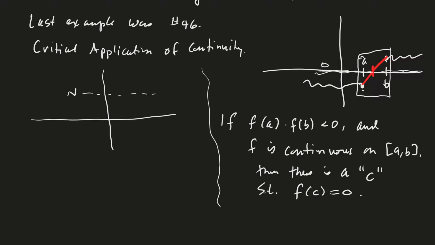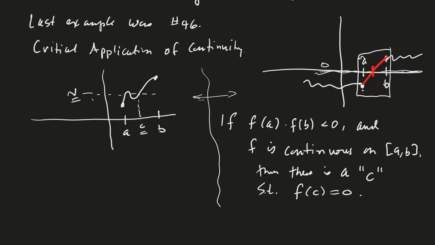And suppose, in addition, that at some point a, the function is below n, and at another point b, the function is above n. Can you say what's going to happen? Then, if f is continuous, there must be at least one c such that f of c is equal to n. You see how these two things are really the same?